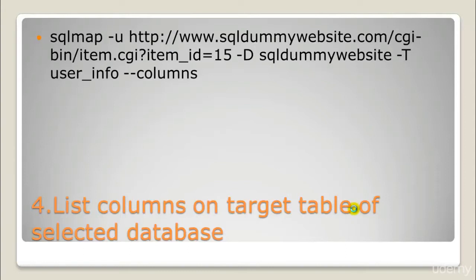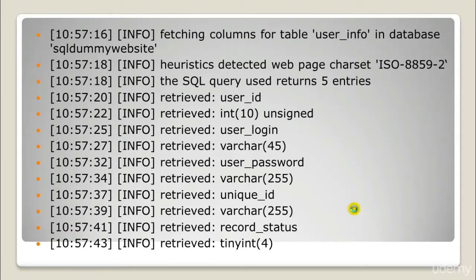When this query is run, it will give us these specific columns: user ID, int unsigned, user login, varchar, user password, varchar, user ID. This is exactly what we're looking for: the target columns user login and user password.